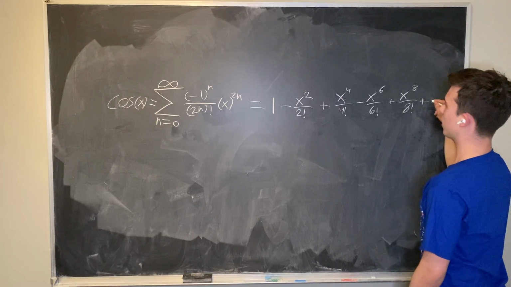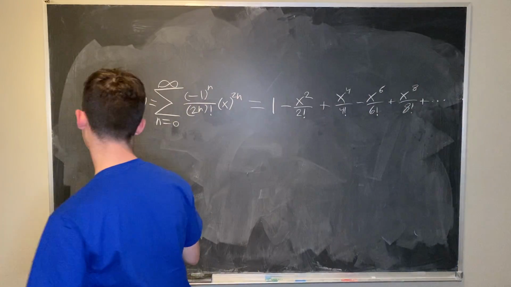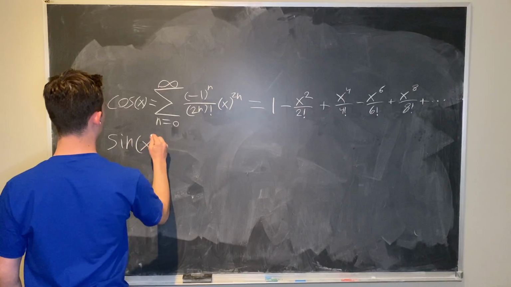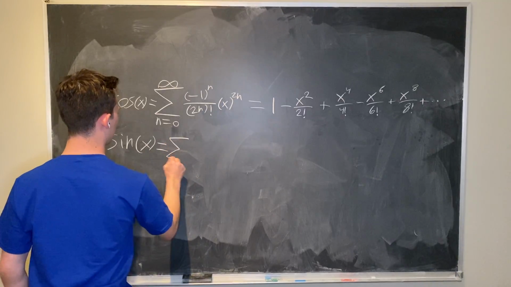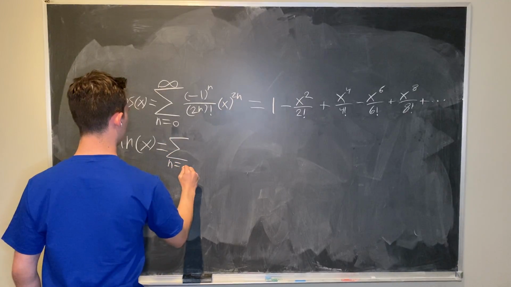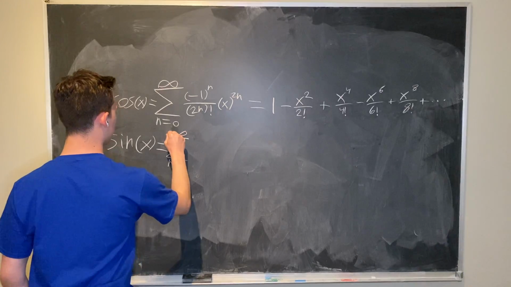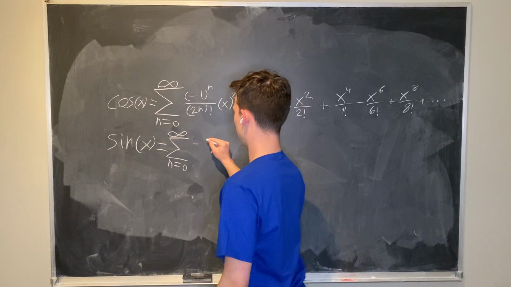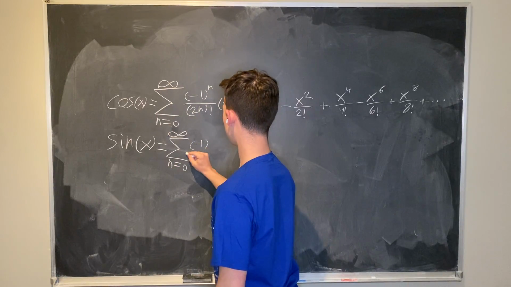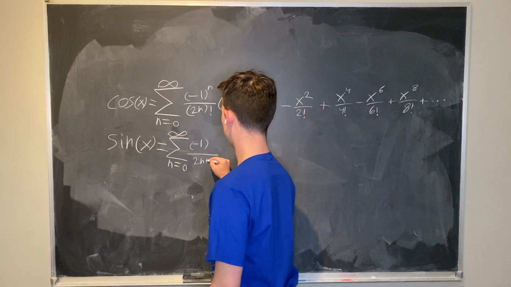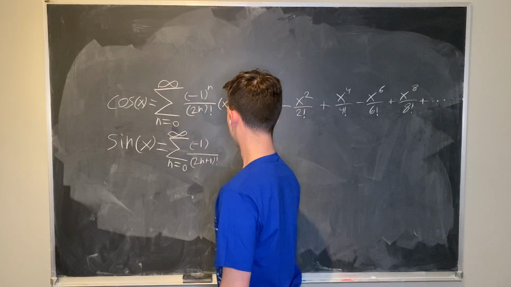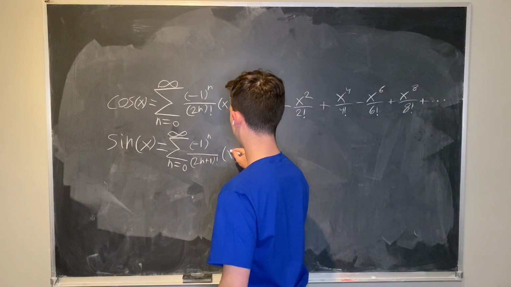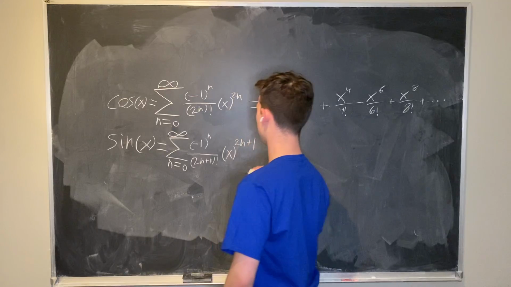So you should be familiar with these series. I'll go ahead and write the next one, which is sine. We'll get the sum of -1 to the n over 2n plus 1 factorial, times x to the 2n plus 1.